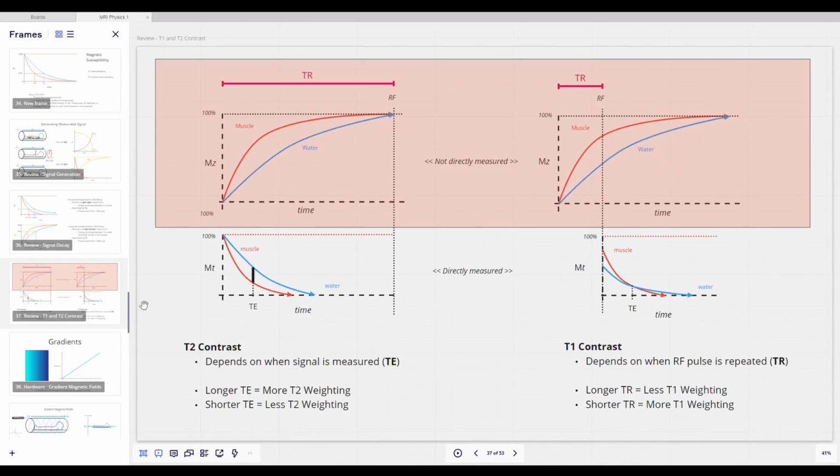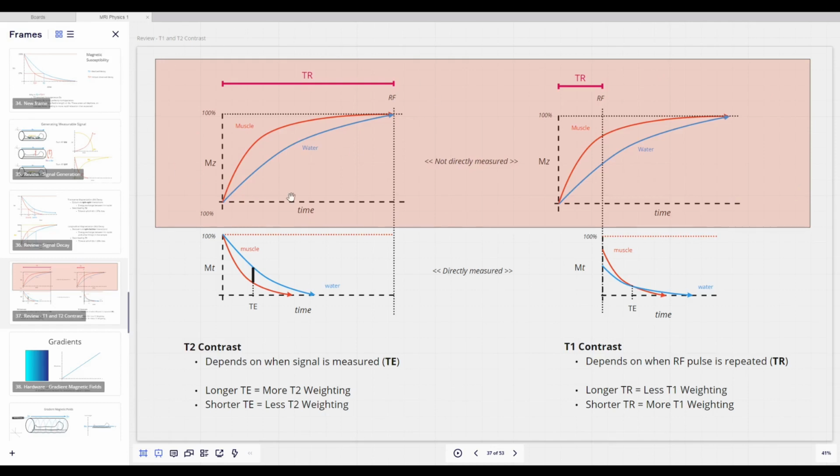Okay. Last review slide. We also talked about this last week. This is illustrating where we get our signal contrast from. The red box on the top here indicates that this longitudinal magnetization is not directly measured.